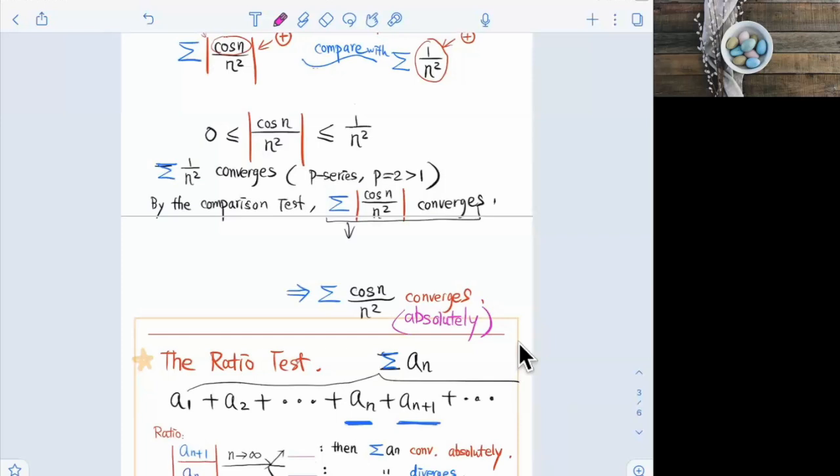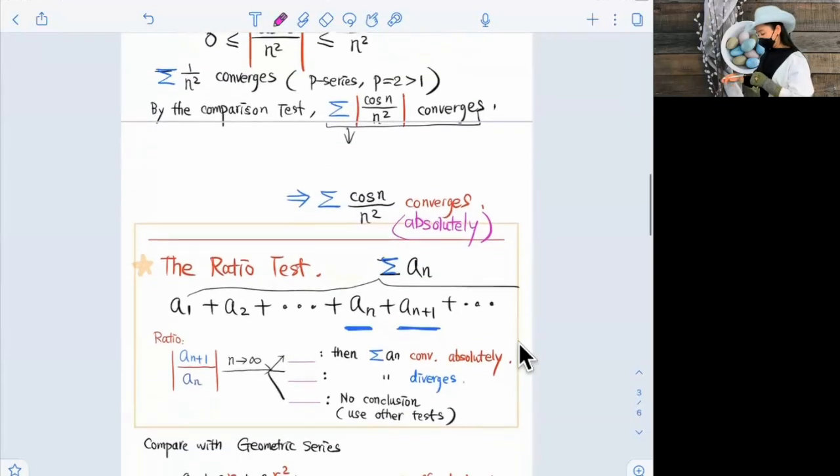So this is the strongest convergence you can get. When we put the absolute value here, if it's convergent, it just converges absolutely. So let's say this is the absolute convergence, and it implies this convergence. We got it. All right.